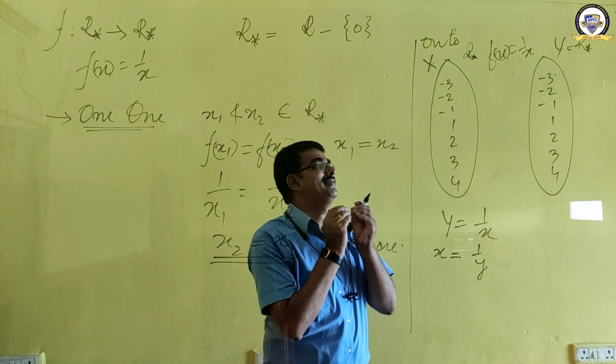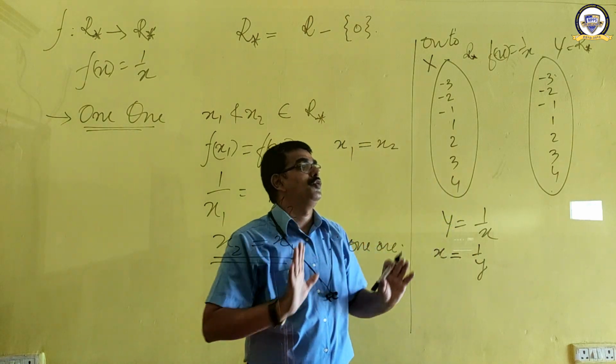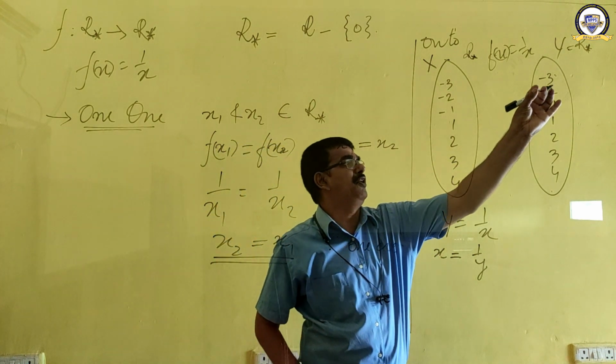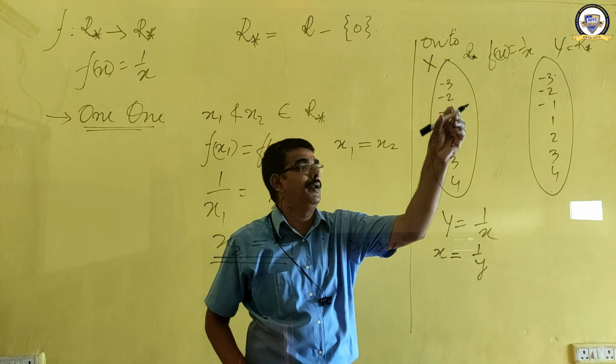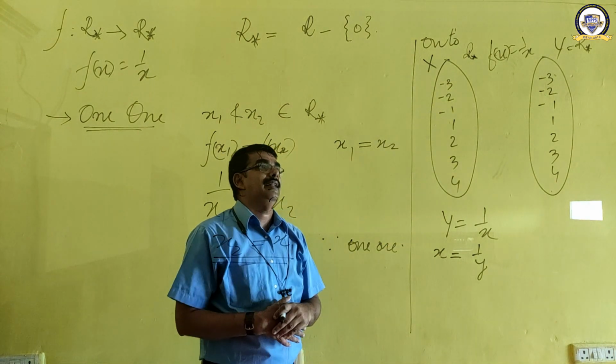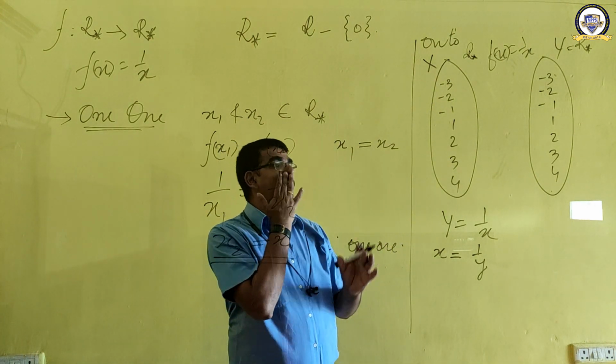That is why we can say it is purely onto. Each and every value will provide a pre-image here in the set x. That is why it is onto.